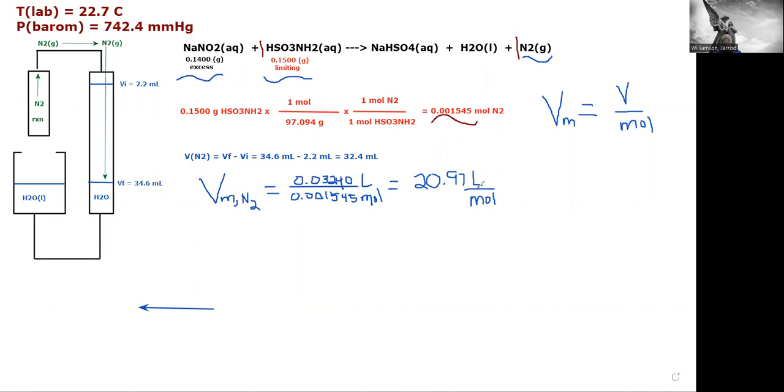So when I take the molar volume in liters per mole, I'm going to go 0.03240, which is the 32.4 milliliters converted into liters by dividing by 1,000. I divide it by the number of moles of nitrogen that made that volume, and I will get 20.97 liters per mole. That's the molar volume of nitrogen.